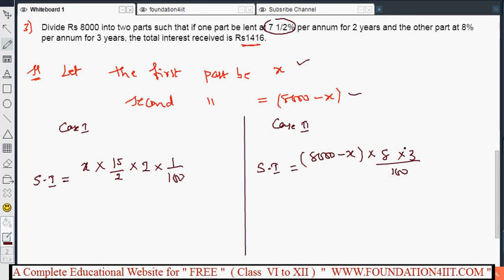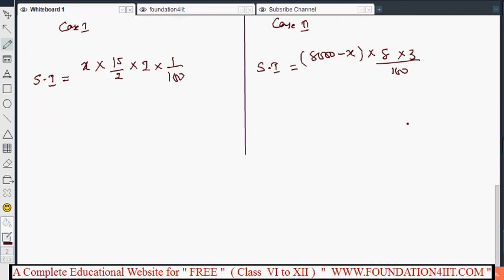But according to the given data, both should total 1416. So here the 2s get cancelled. 5 3s are 15 by 20, finally 3x by 20. Now if you simplify case 2, 8000 minus x, it is 24 into 8000 minus x by 100.